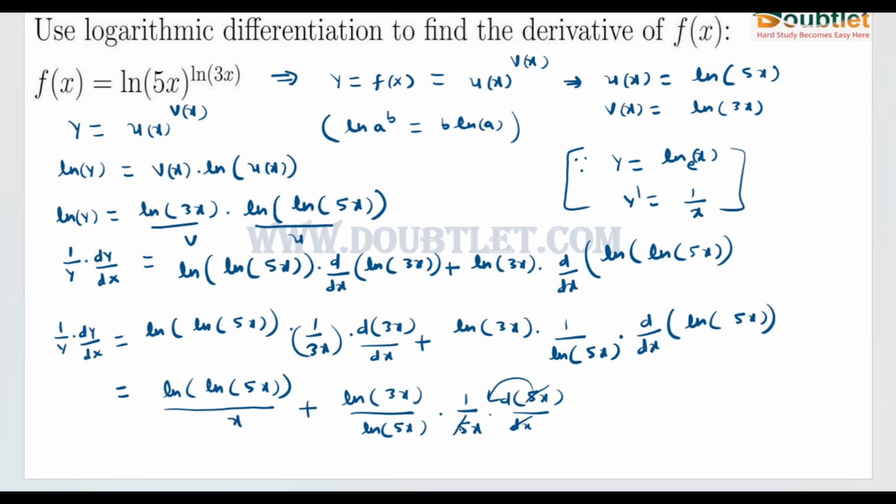So 5 will also be cancelled, and it will become 1 upon x basically.